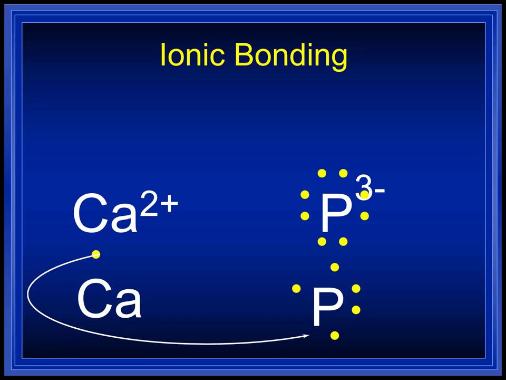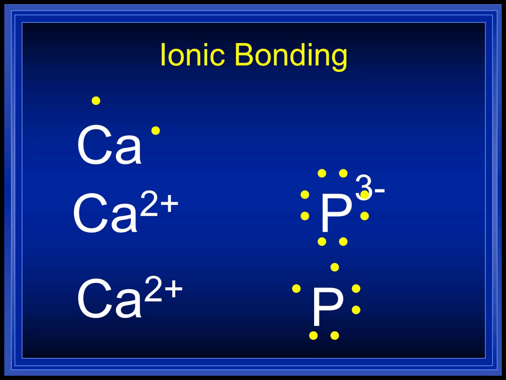So I have to put another phosphorus in to take that second electron. Now the second calcium's happy, but the second phosphorus is not. It needs more valence electrons. The only place it can get more valence electrons is from another calcium.